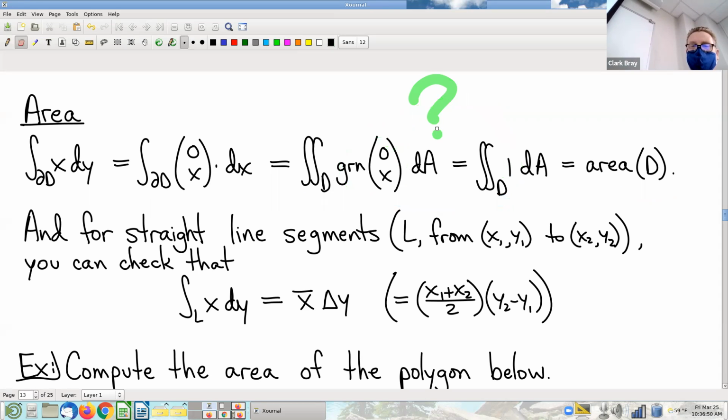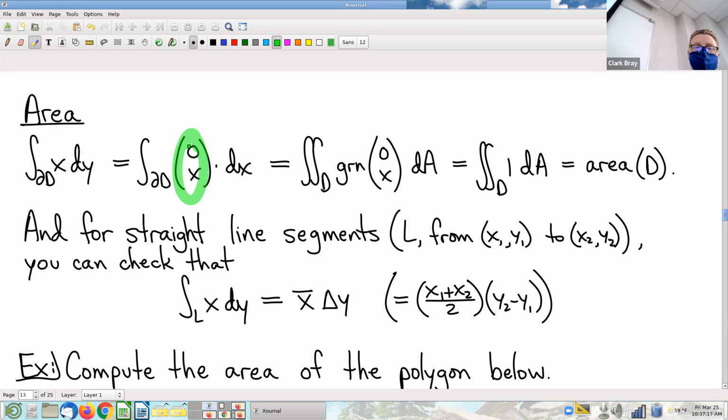In fact, there's lots of vector fields for which Green's operator is 1. And 0, x, I think, is the easiest one to write down. Not hard to persuade yourself, right? dQ/dx minus dP/dy, you get 1. There are many, many others. And I'm just going to use 0, x because it's the easiest one, and I don't see that the others have any particular advantages, so I'm going to go with the easiest one.